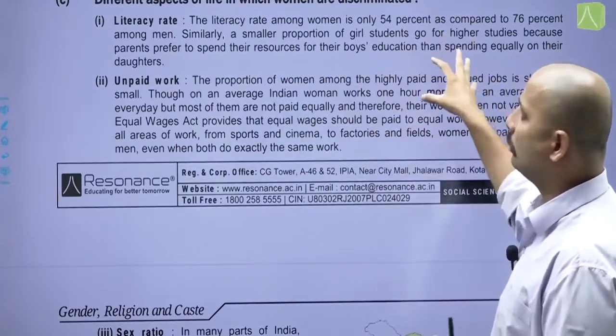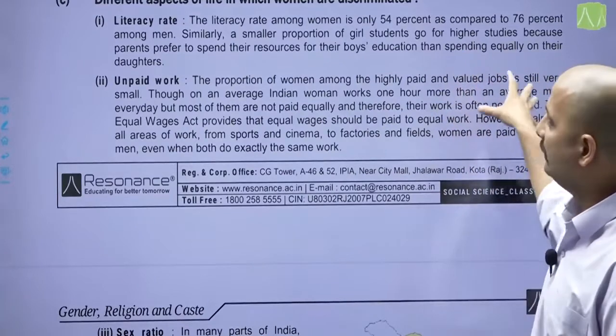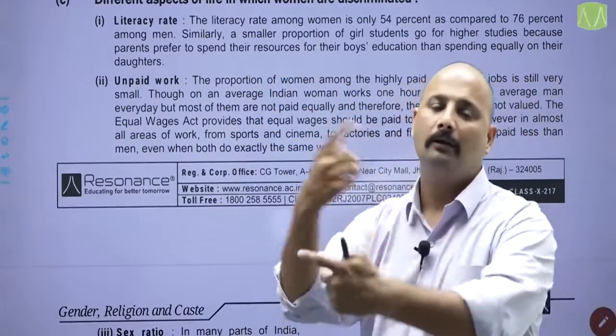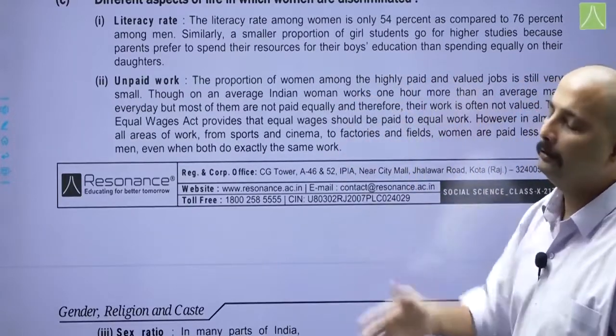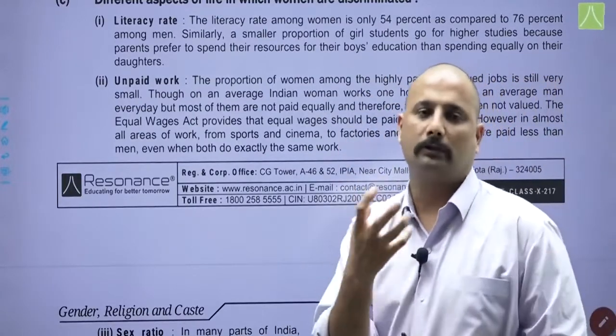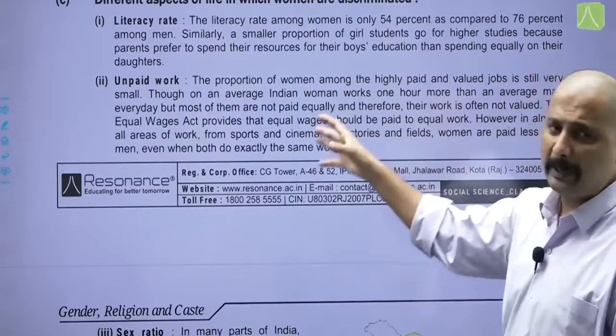Similarly, a smaller proportion of girl students go for higher studies, because parents prefer to spend on their boys' education rather than spending equally on their daughters' education. Unpaid work.